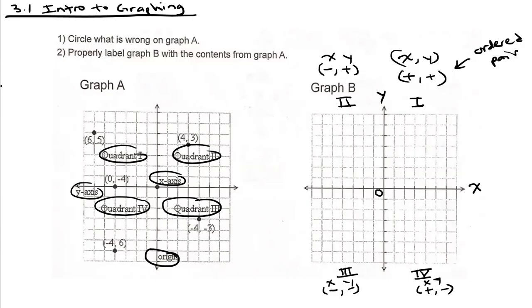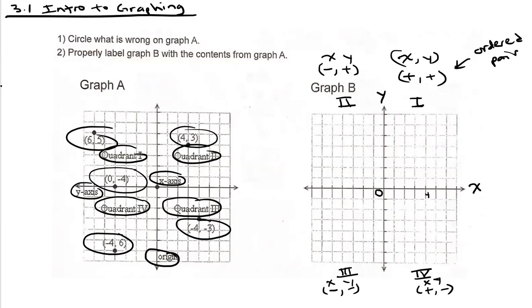Are any of the coordinates correct? No, right? All of them are wrong. So you should have circled every single one of these things. They're all wrong. So that's properly labeled then. So 4, 3. So I have 1, 2, 3, 4.